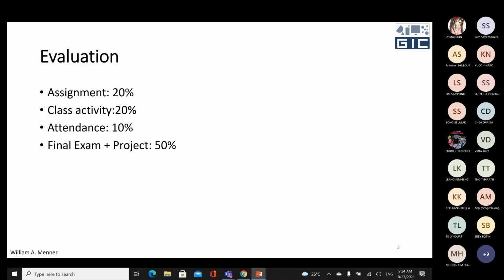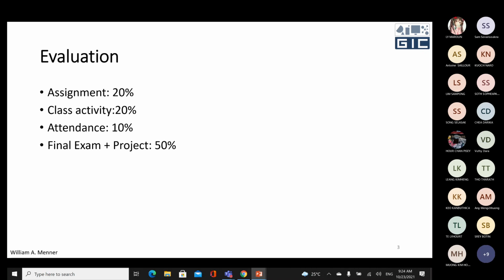Your attendance is automatically generated in the attendance list in the system. After we finish 16 hours of class, we will generate the score for about 10%. And finally, the final exam and projects. I do not make a midterm, but you will have some surprise quizzes during the class without notice.